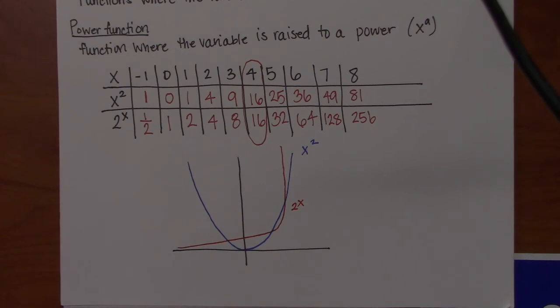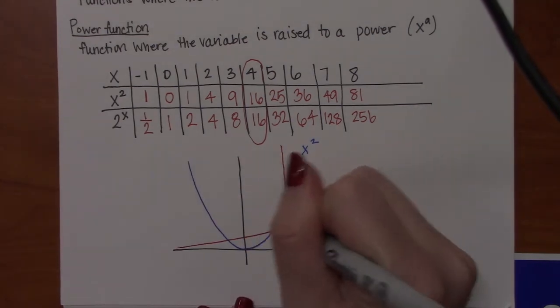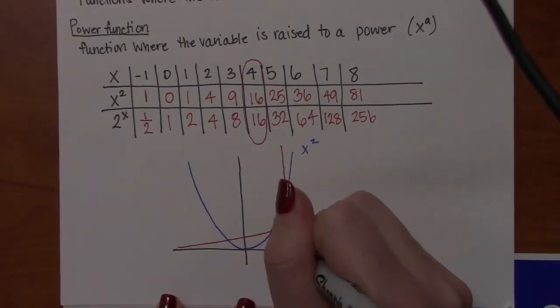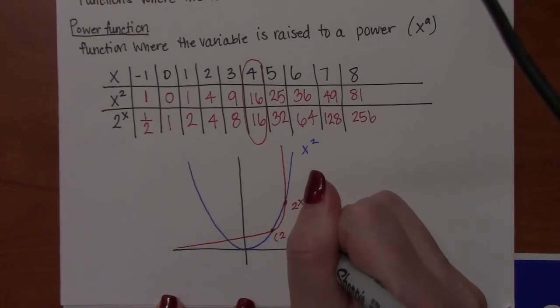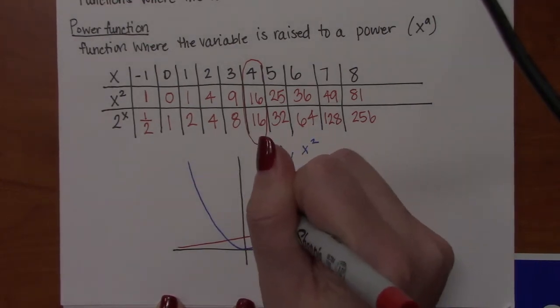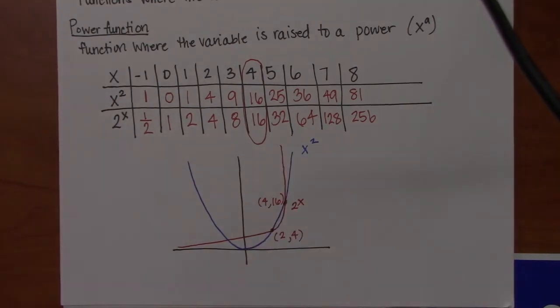So it almost looks like a vertical line. It is tilted outward, but it's growing so steeply that when you only look at this small little portion, it looks vertical. So where it's crossing, right here and right here, this is the point (2, 4), and this is (4, 16). And then you can see everywhere beyond x equals 4, the red line is bigger than the blue line. And that's what this was saying.